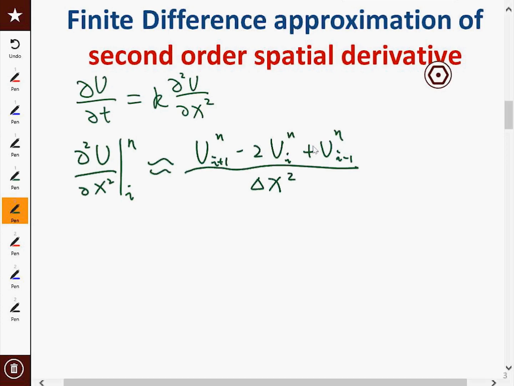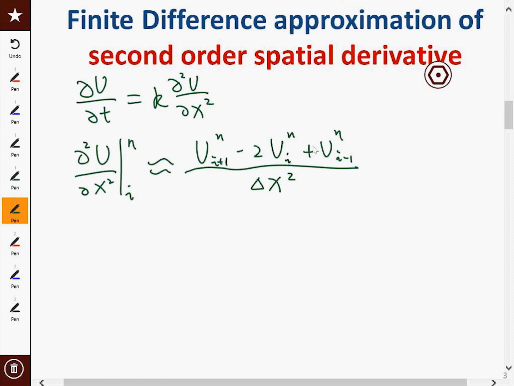Unlike the first order derivative, where you have the choice of central, forward and backward difference, this is the single most popular scheme we use for approximating the second order derivative, and it is very difficult to find an approximation as popular as this. Let me describe to you why this is the case.